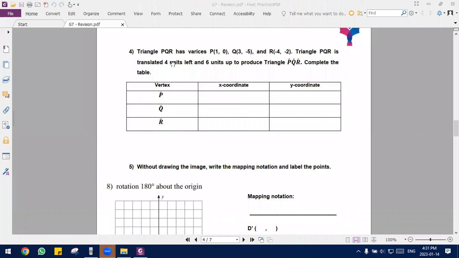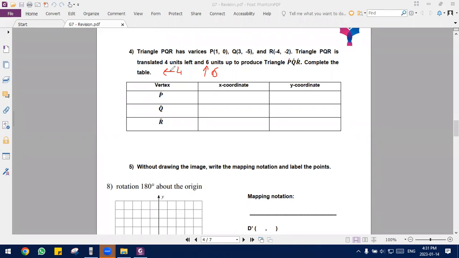Now this question, we have a triangle PQR. These are the points of the triangle, and I have their coordinates. It says that it's translated 4 units left, 6 units up. And then they said, write the x value and the y value without drawing.